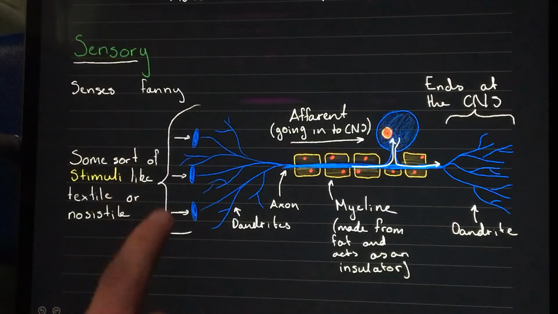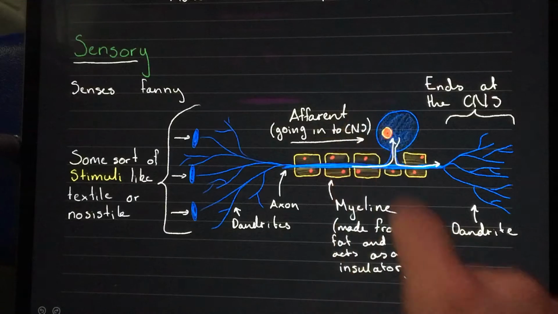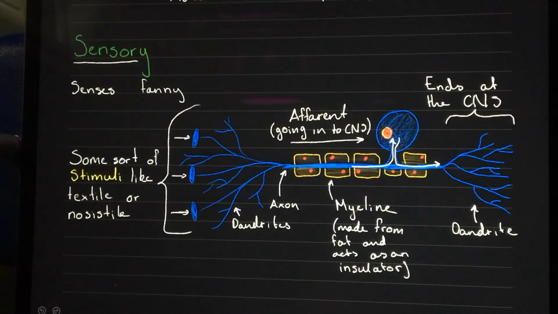It will enter through the dendrites, and because it is a one-way message, right, and it is going into the CNS, it is called afferent. The opposite, so going out of the CNS, would be efferent.